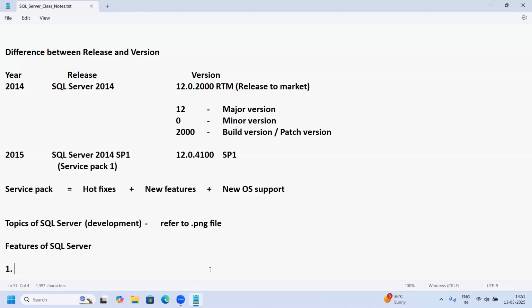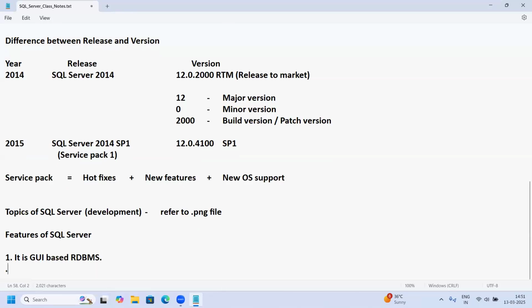In that, one point I highlight is that it is a GUI based RDBMS that provides a two-way approach: script based plus wizard based.